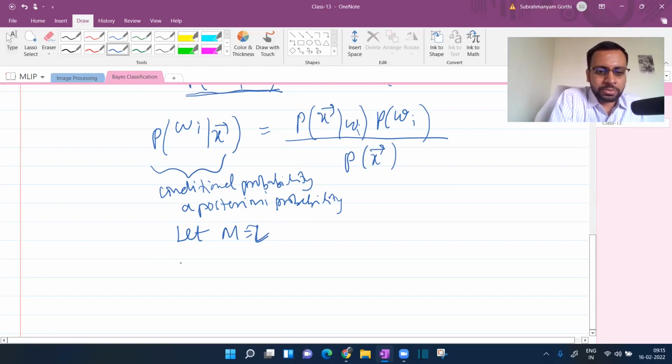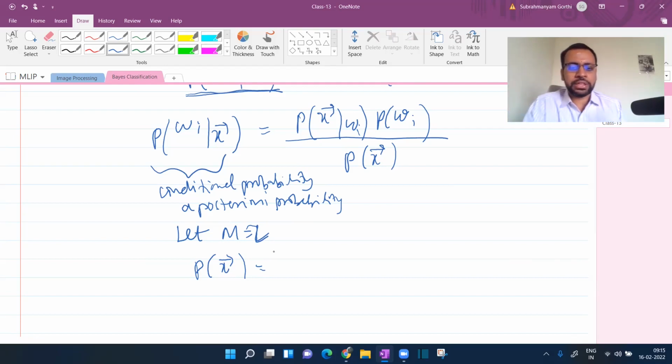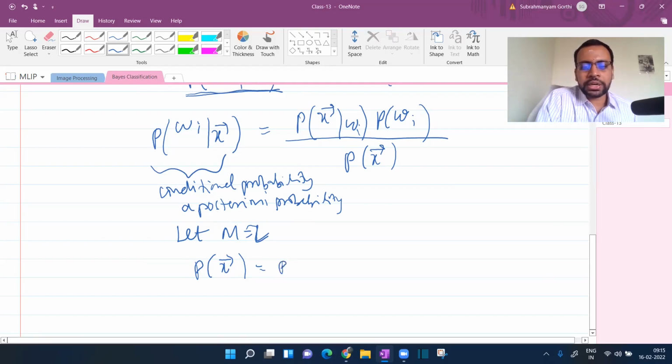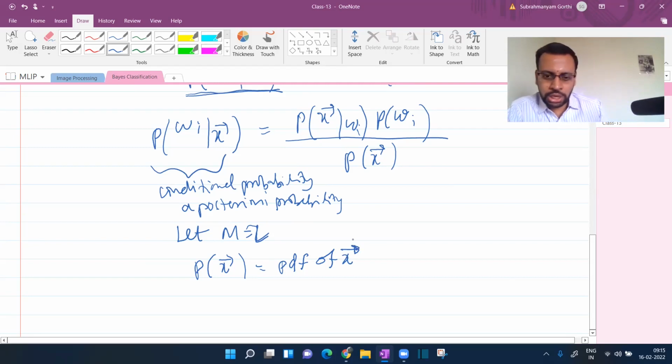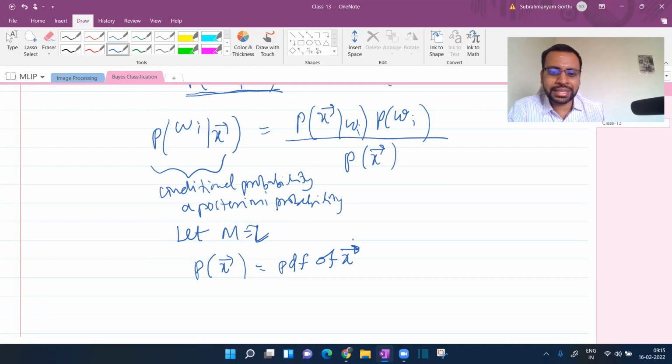So let us first go through probability of x bar. What is this P of x bar? It is nothing but the probability density function of x bar. If you give me an x bar value, I should be able to give you a number associated with it, the probability with which that x bar could occur. Let me pose the question this way.